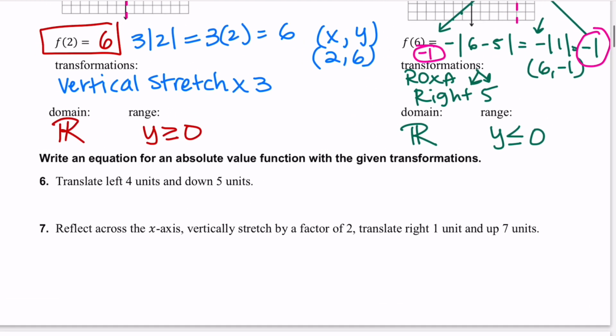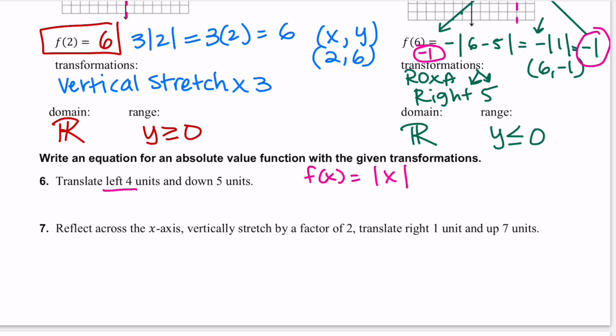We're going to write an equation for an absolute value function with the given transformations. So my original graph, f of x equals the absolute value of x. If I want to go left 4, left goes inside the absolute value with the x. So left is in the negative direction, but we always want to do opposite inside that absolute value.